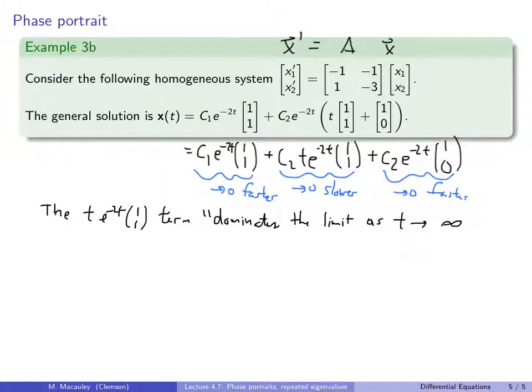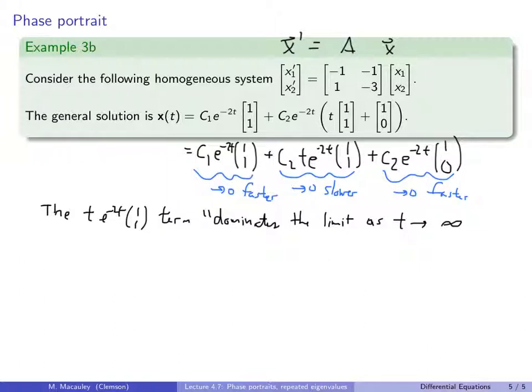Okay, so let's take the other limit. Let's suppose t goes to negative infinity. So in that case, this thing is large in magnitude. I'm not worried about the sign, because we don't know the sign of this. But as t becomes more and more negative, this thing gets larger and larger, and this thing gets even larger and larger, because not only is this thing huge, but the t makes it even bigger.